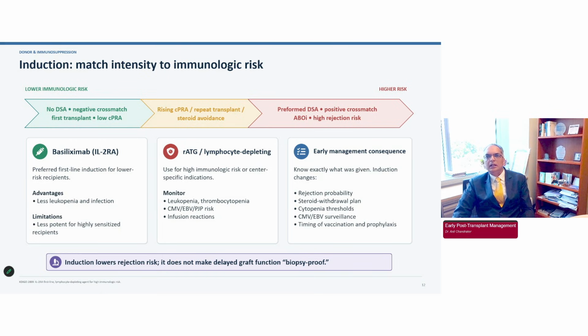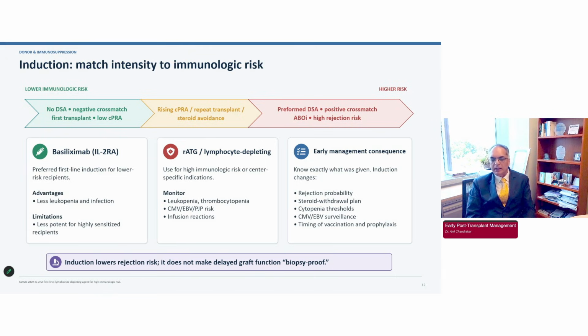So the other thing that you should be aware of is that there are consequences in terms of what type of induction therapy is given. Depending on the risk of the individual and the type of induction therapy they're given, it will potentially influence the likelihood of rejection.